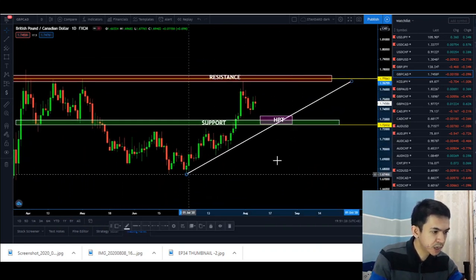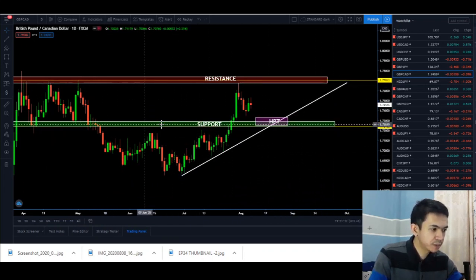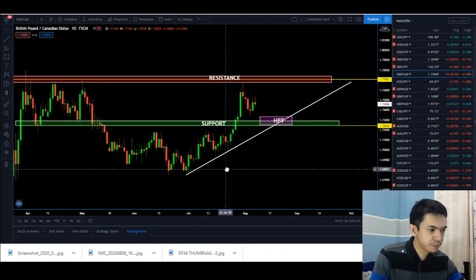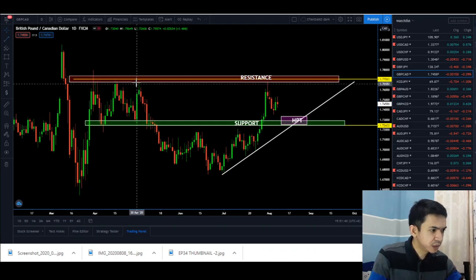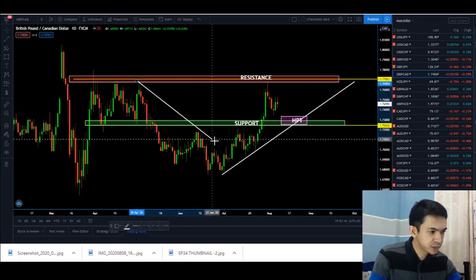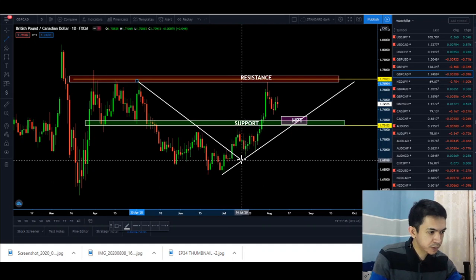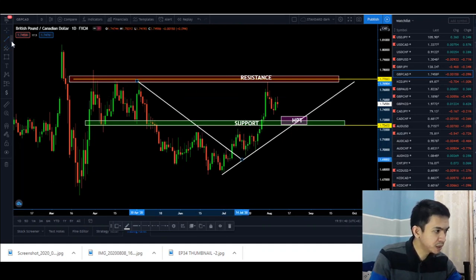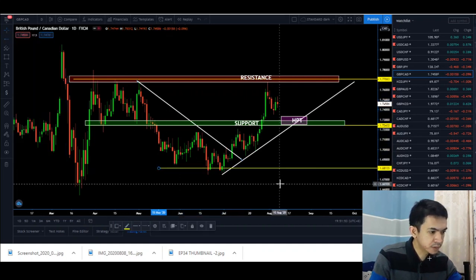Why? Because I have two confluences: one trend line support and one key significant level of support. What else? If ever the price got broken here, we also have a key significant level of support here, right?